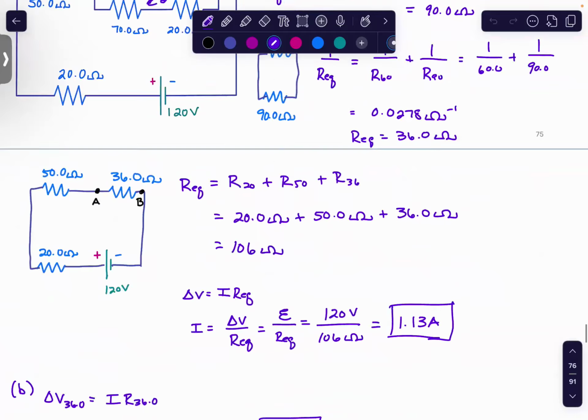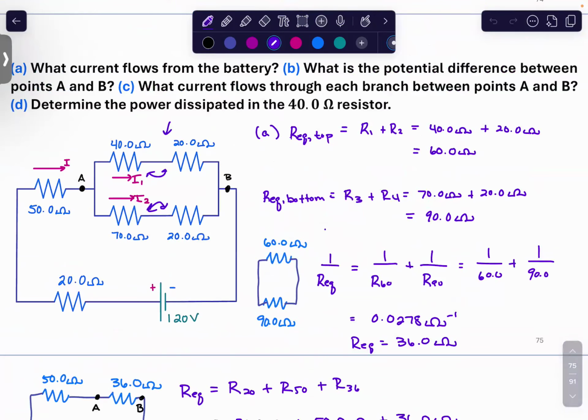Okay, well, if we remember, we can use this here. Remember, because we combine the resistors in each branch.